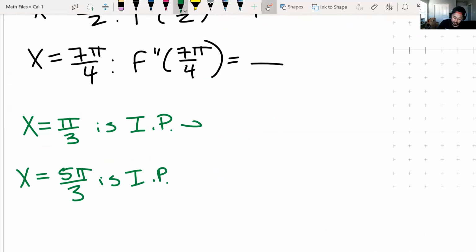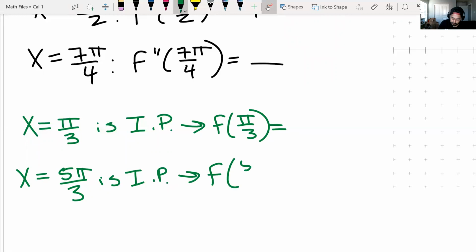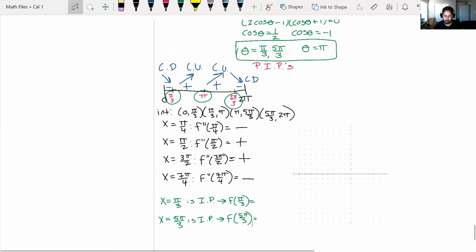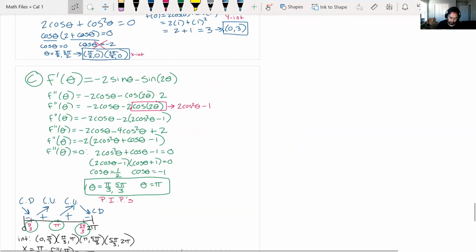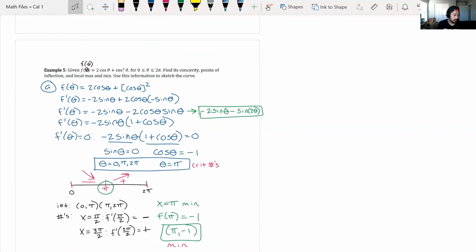Take these and plug them into the original function. I'll use my calculator. 2 cosine x plus cosine x squared.